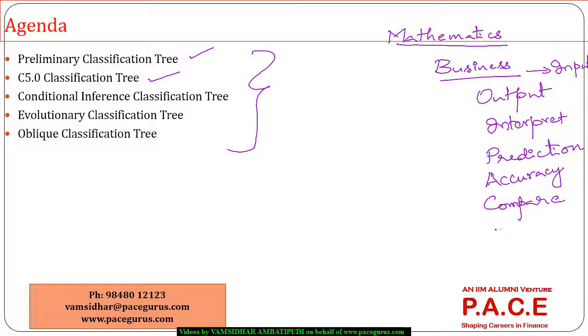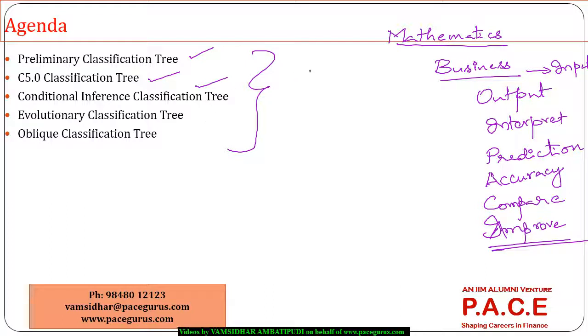And I would also look at the way in which I can improve or assess the goodness of fit of the model. So these are the various aspects that I am looking at rather than the mathematics behind the building of each of these models. We'll also talk about the conditional inference classification tree.